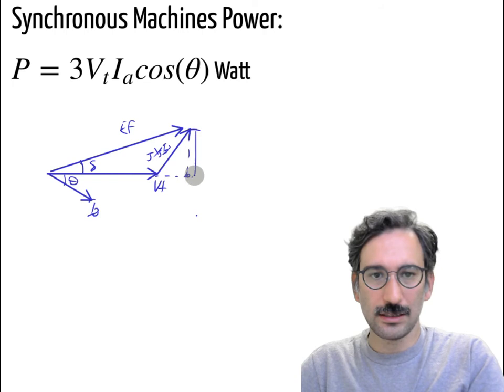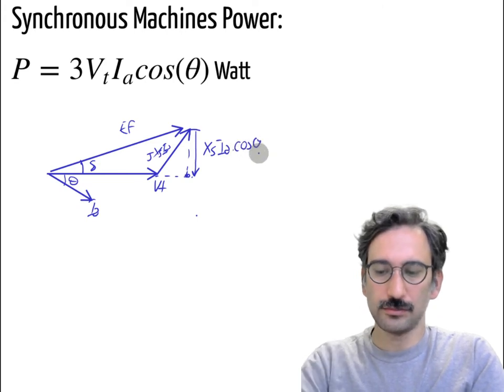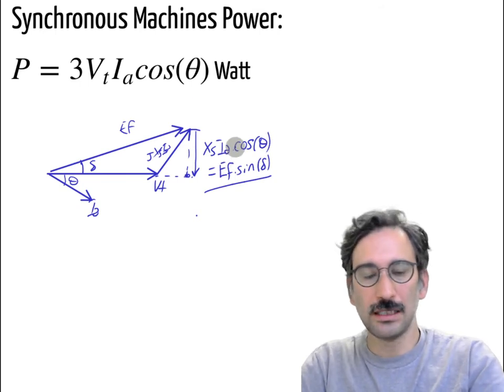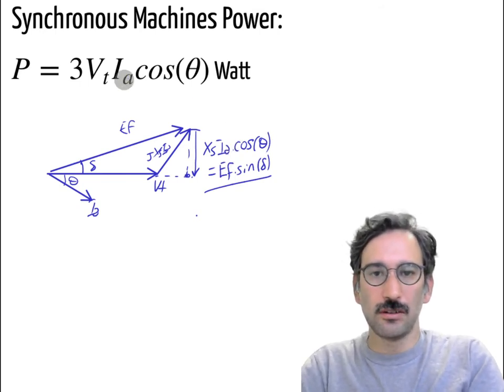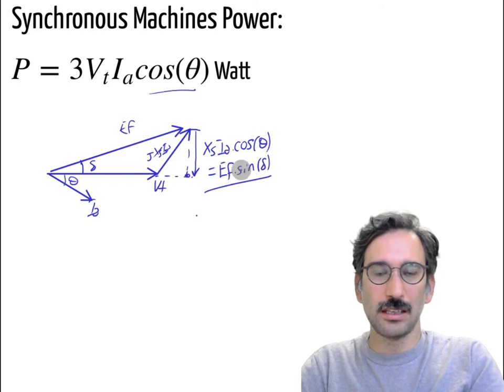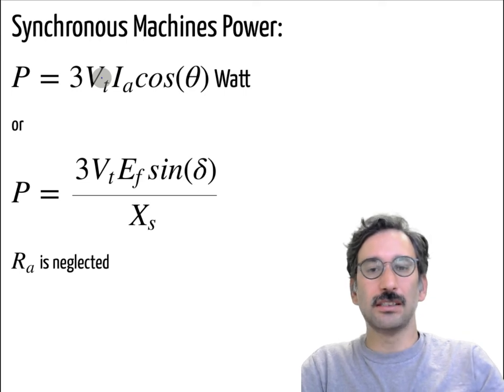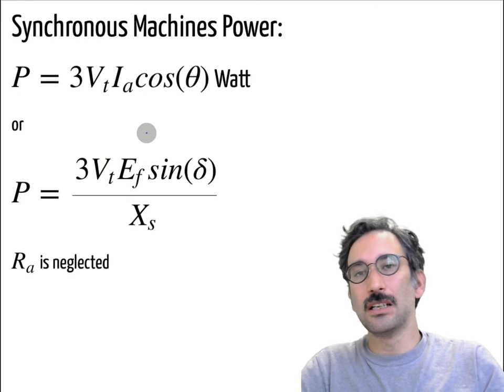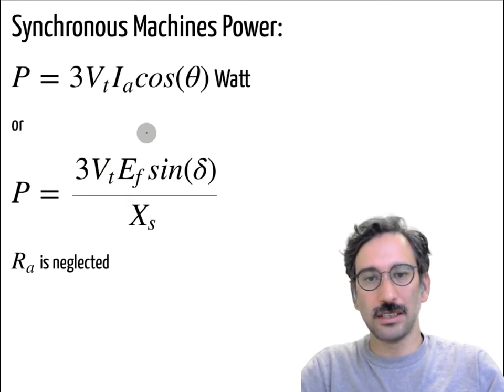So the idea was, geometrically that distance is equal to Xs Ia times cos theta. At the same time, that is equal to Ef times sine delta. So we were using that equation to write Ef sine delta divided by Xs, and by that way we could find the power in a synchronous machine in terms of the terminal voltage and field induced voltage.